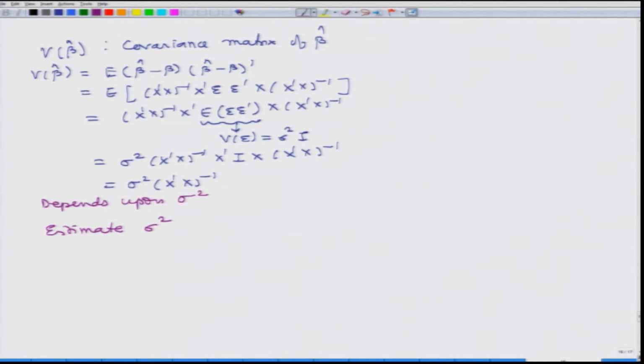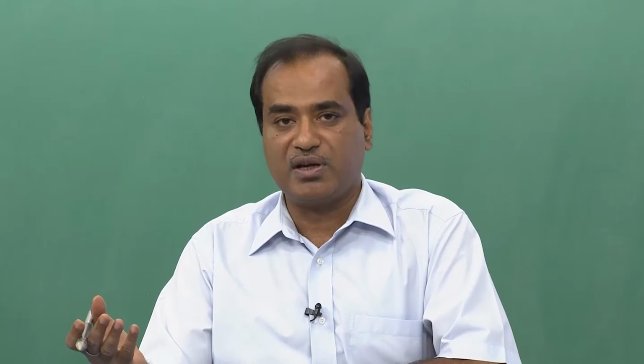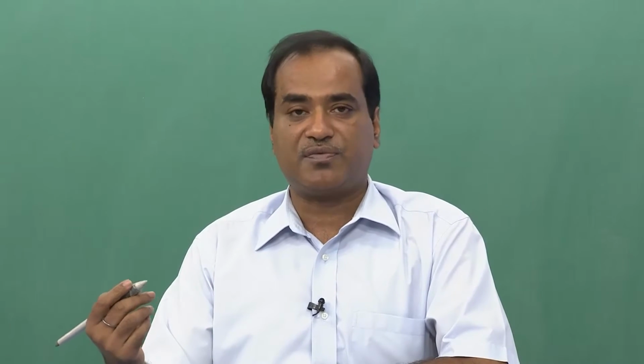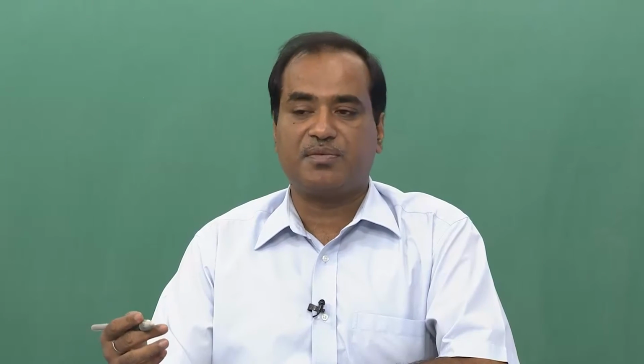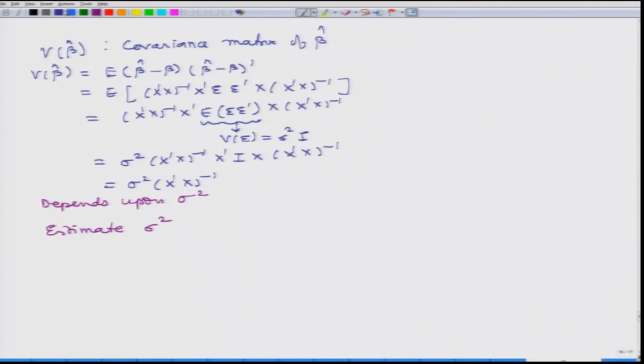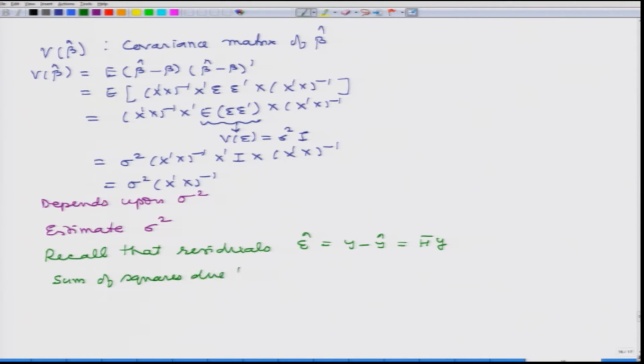So, now in order to estimate sigma square, we will try to follow the same philosophy that we developed in the case of the simple linear regression model: we will start with the sum of squares due to residuals, and from there construct an estimator for sigma square. Let us recall that the residuals epsilon hat were defined as y minus y hat, which we had written as h bar y. Based on that, the sum of squares due to residuals is the sum over i from 1 to n of epsilon i hat squared, which is nothing but epsilon hat transpose epsilon hat, with epsilon hat equal to h bar y.